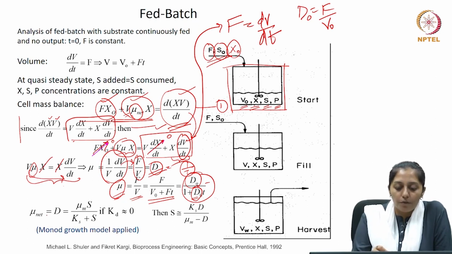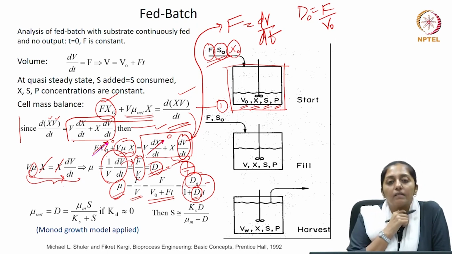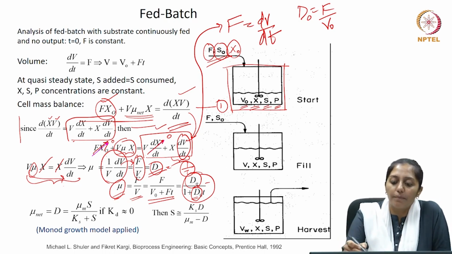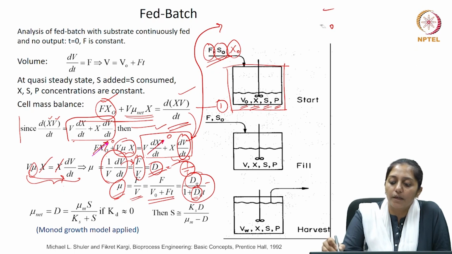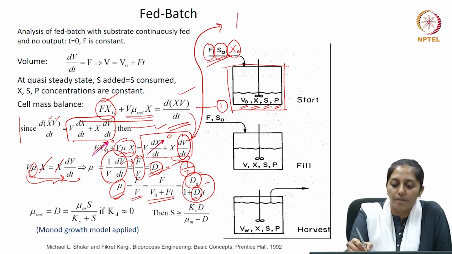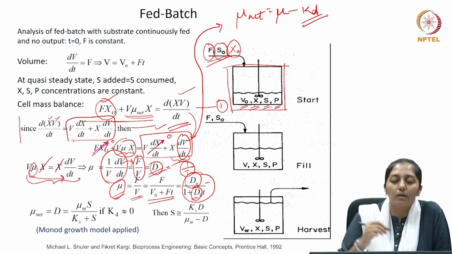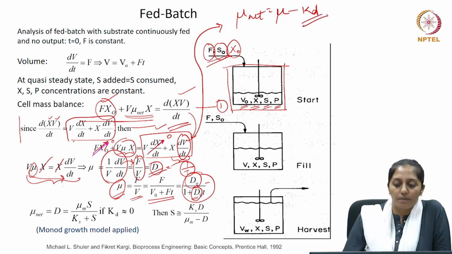Now, if you remember equation 1, I will just clear it. It was written here as mu net. Mu net is given in case the culture is undergoing endogenous metabolism. So, if you remember, during the batch process, mu net was equal to mu minus Kd, where Kd stands for the rate constant for the endogenous metabolism.